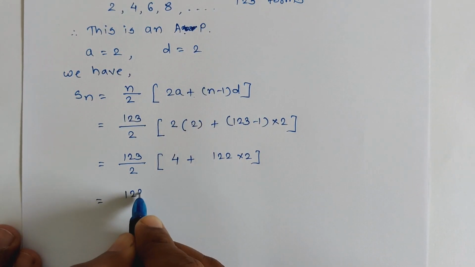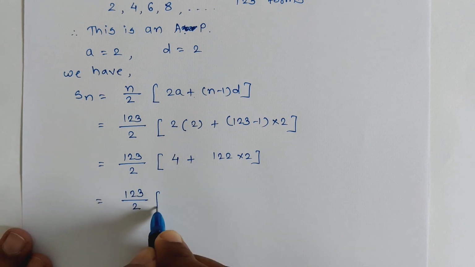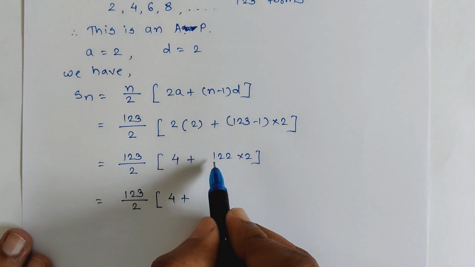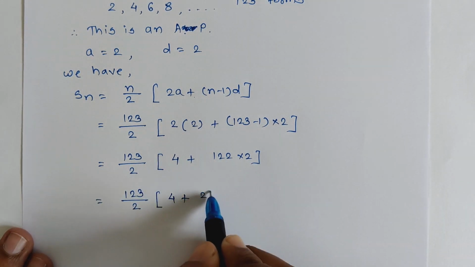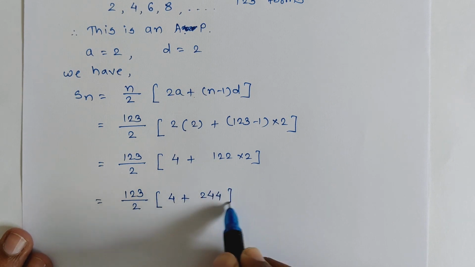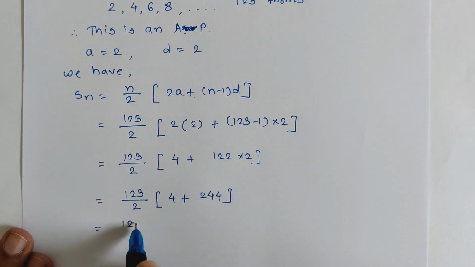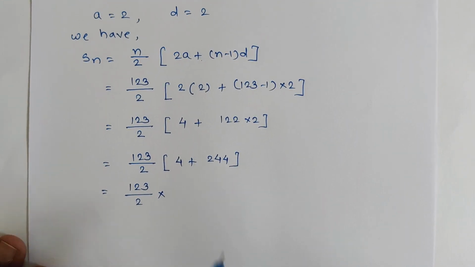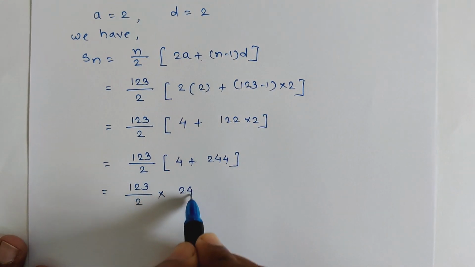So we have 123 divided by 2 into bracket 4 plus 122 into 2, that is 244, equal to 123 divided by 2 into 4 plus 244, which is 248.